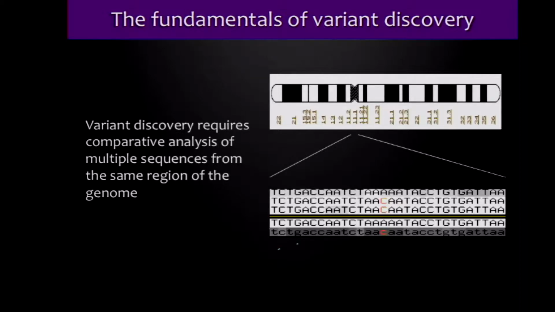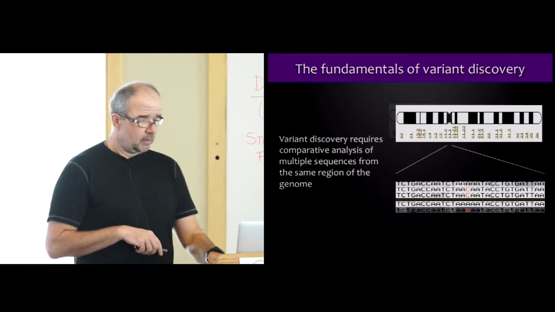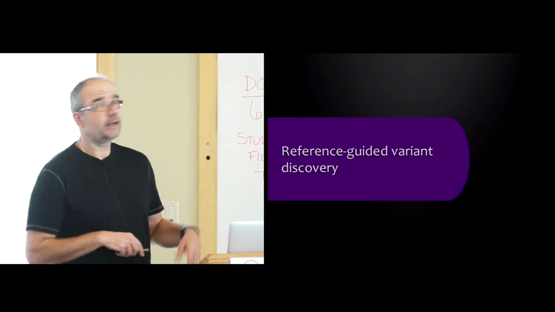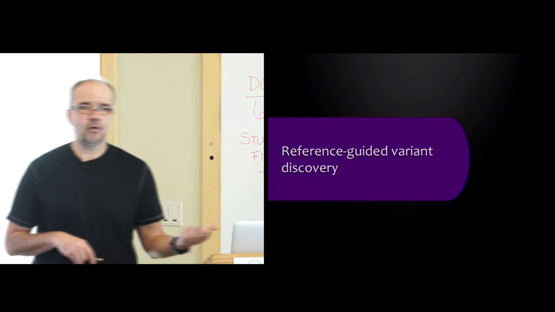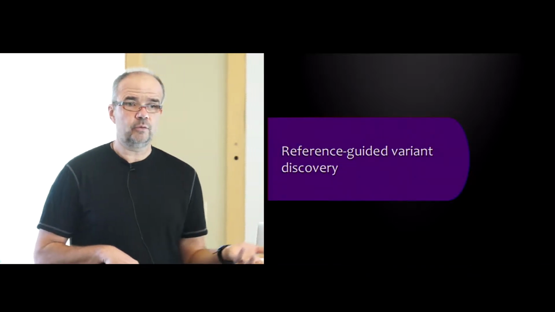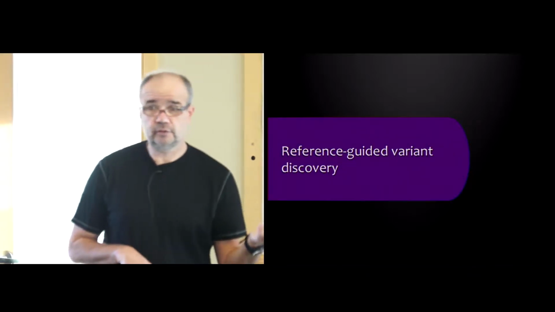Okay, so with this little introduction, now I'm going to start talking about what's called reference-guided variant discovery, and that is how, to date, most genetic variants have been discovered.